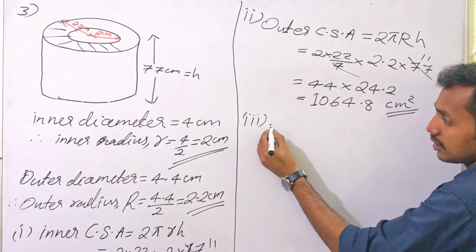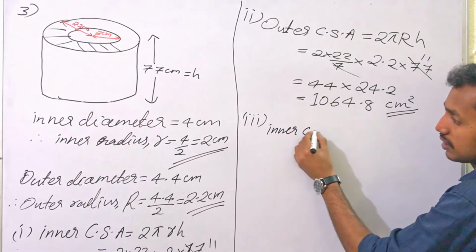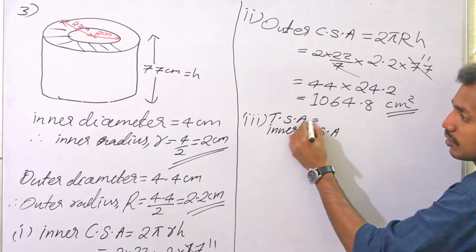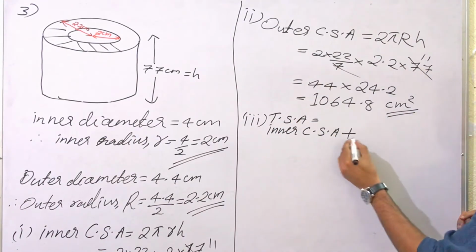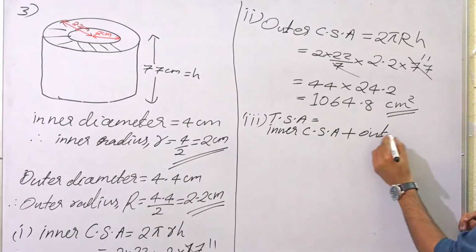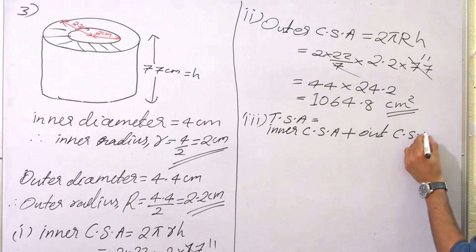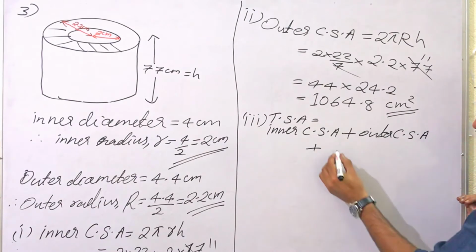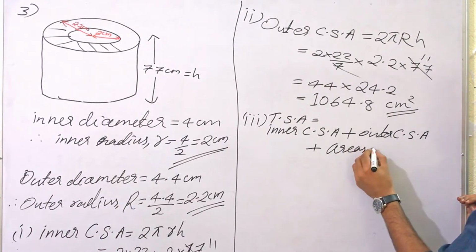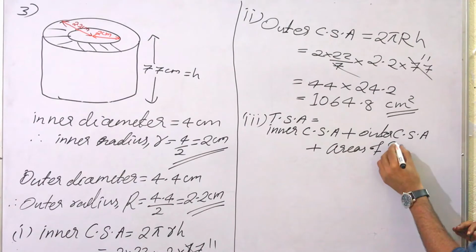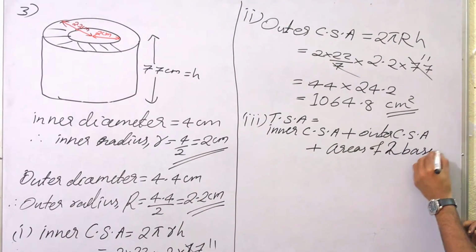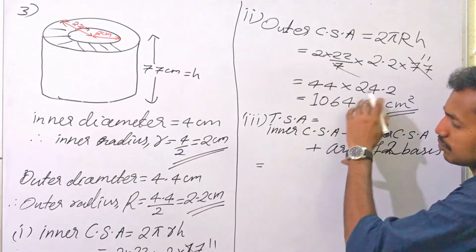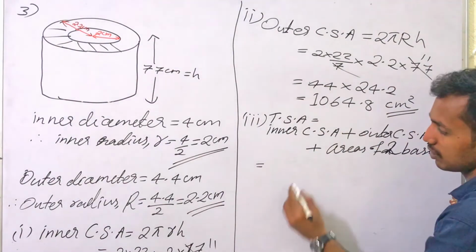So total surface area is equal to inner curved surface area plus outer curved surface area plus area of two bases. These two quantities we already got.